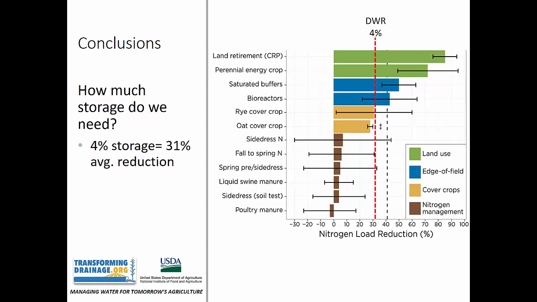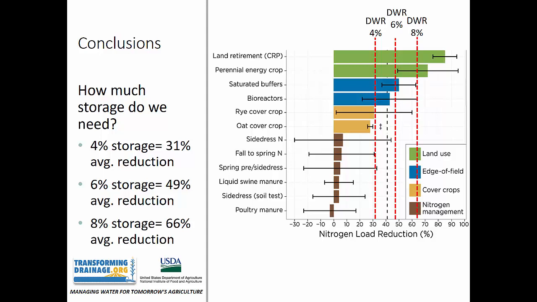So a pond that is on average 3 meters deep and covers 4% of the field area would provide an average nitrate reduction of just over 30%. That same pond, covering 6% of the field area, would have an average reduction of nearly 50%. So this would meet or exceed that target in most years of 40 to 45% reduction.